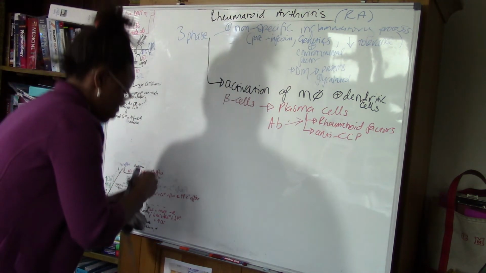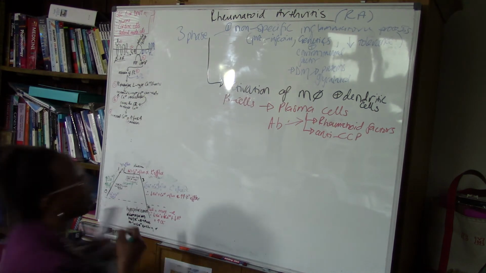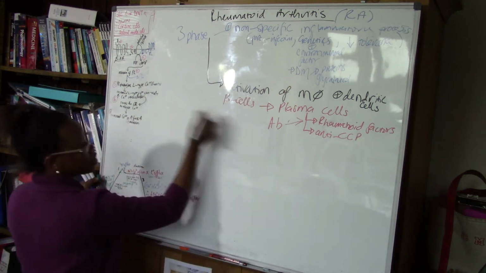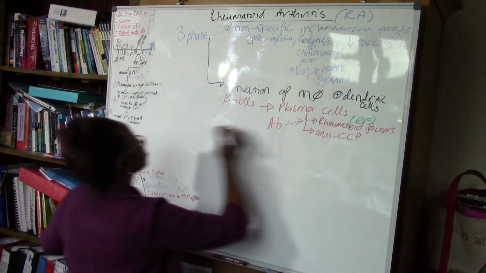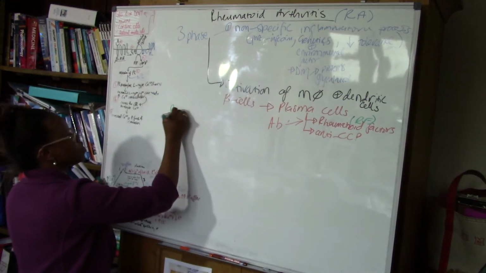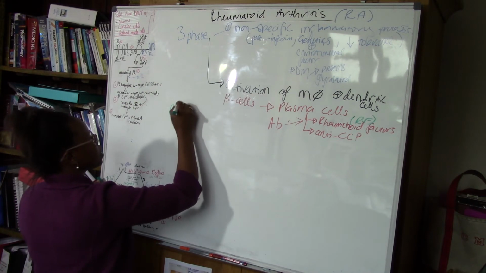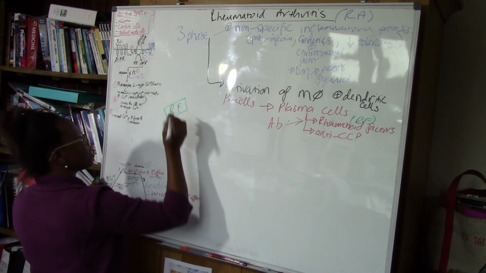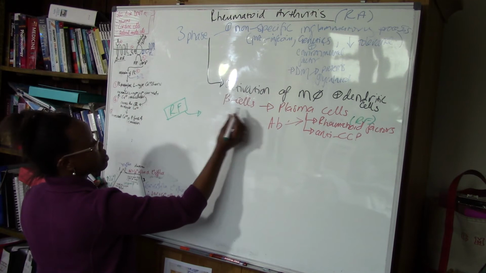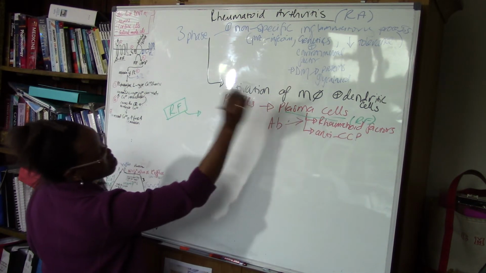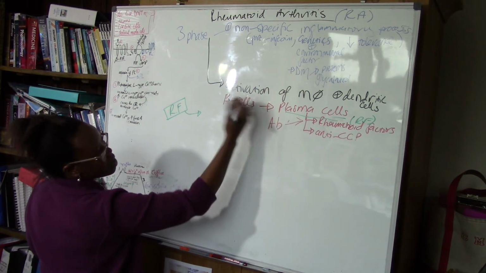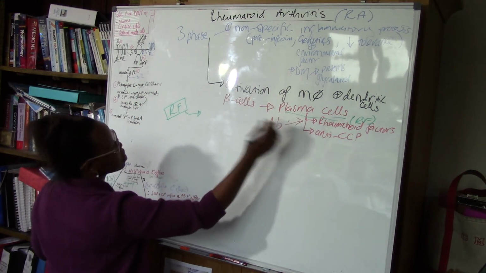Rheumatoid factor specifically, I'll talk about that. So shall I call this the green RF? Well, the RF with a dot in between. So rheumatoid factor is an antibody. Remember, plasma cells secrete antibodies, so really that's all I need to say about that.